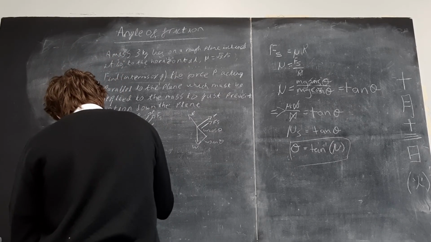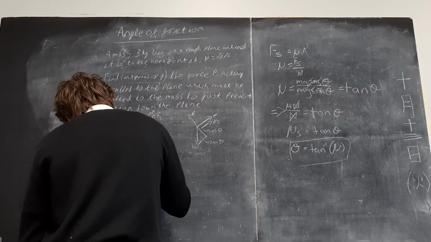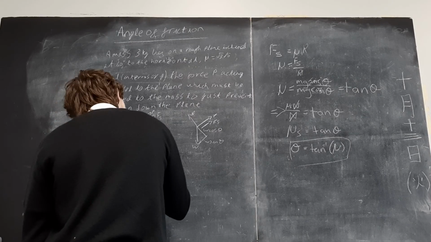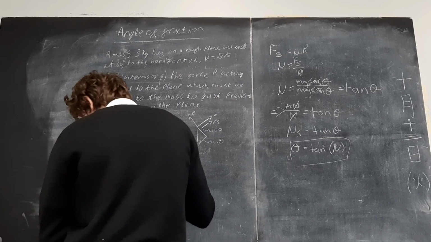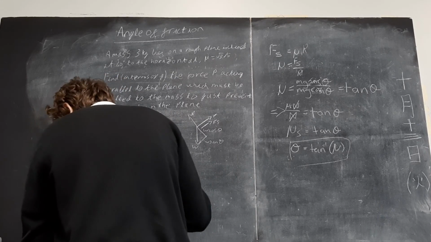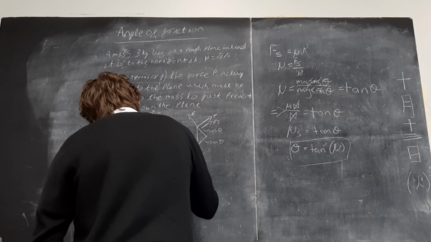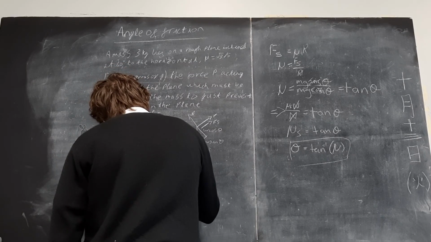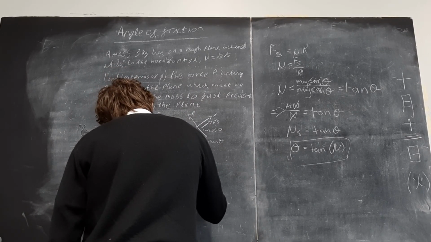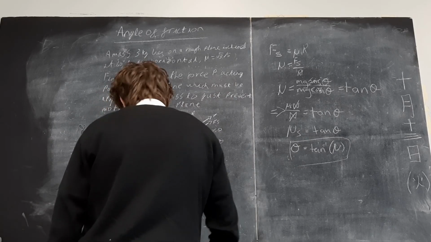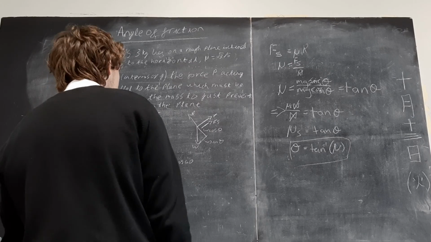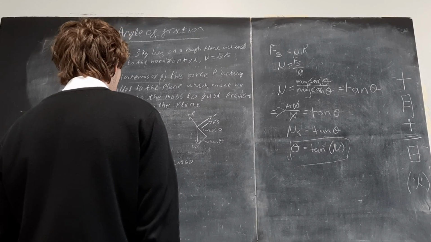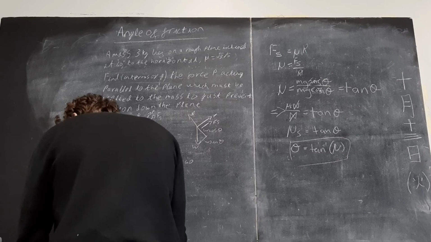So R equals W cos theta, and that is then equaling 3g cos 60, which is, we'll leave it at that for the moment.